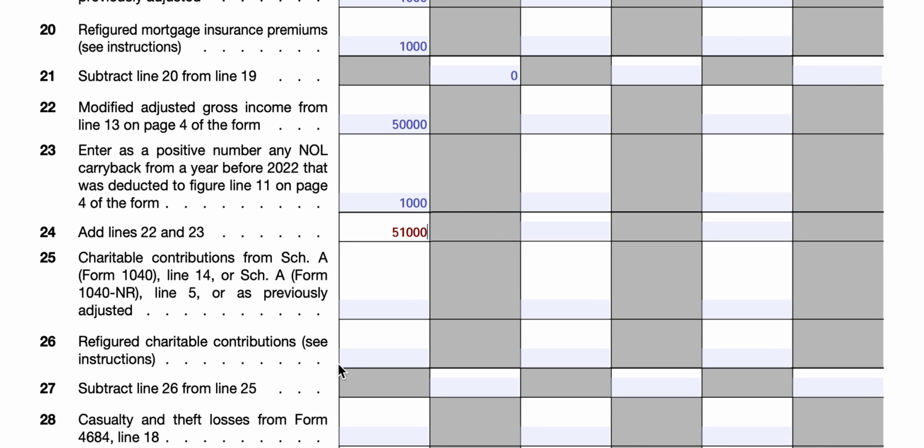In line 26, you're going to refigure charitable contributions using line 24 as your AGI. So unless one of the following occurs, if you entered an amount other than 0 on line 23, you don't have to refigure charitable contributions.